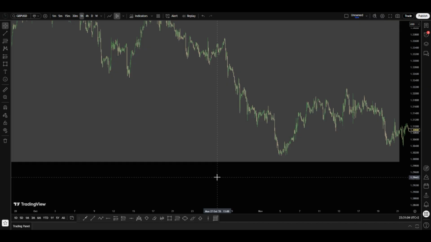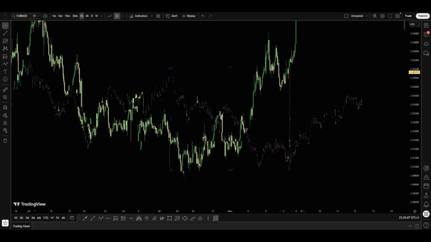We went all the way to, okay, then we created this low. Then we came back up to create a high, then went back down to create a low which broke the previous low.